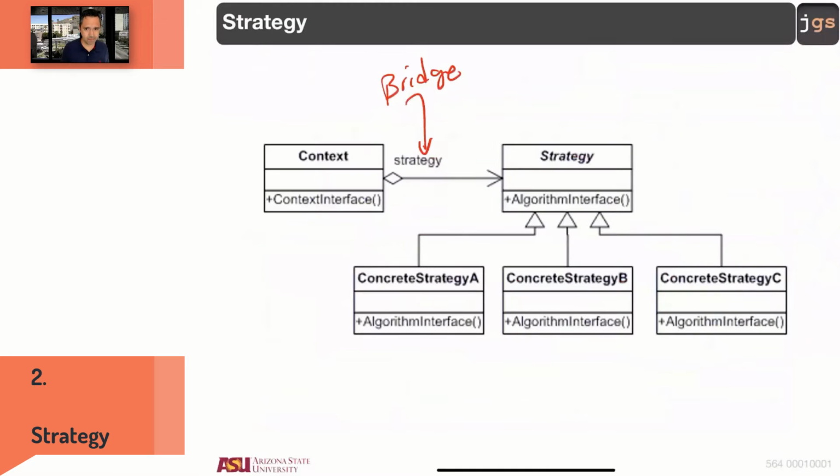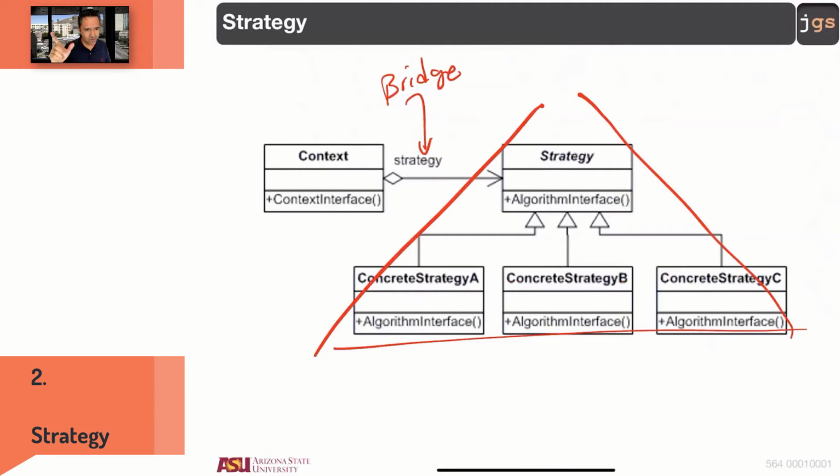A strategy is a connection, but I do not want to connect two families. In fact, what I have is one family. What I am concerned about is one family and something else.